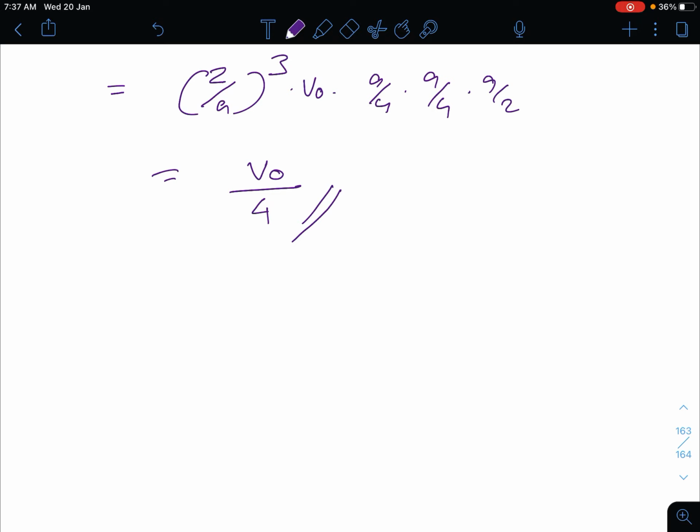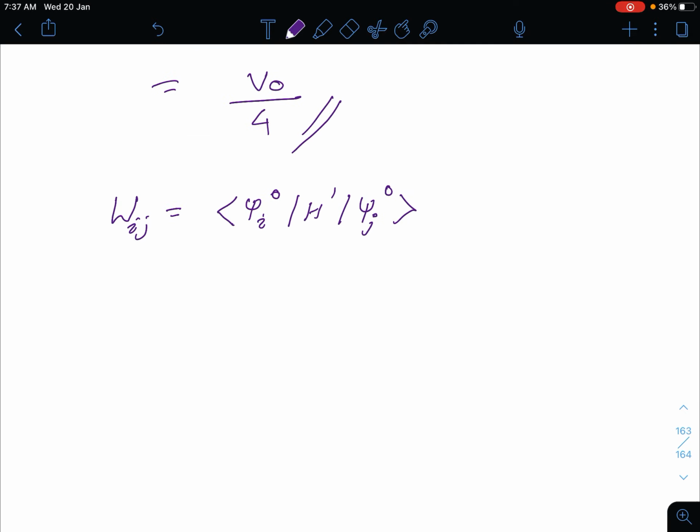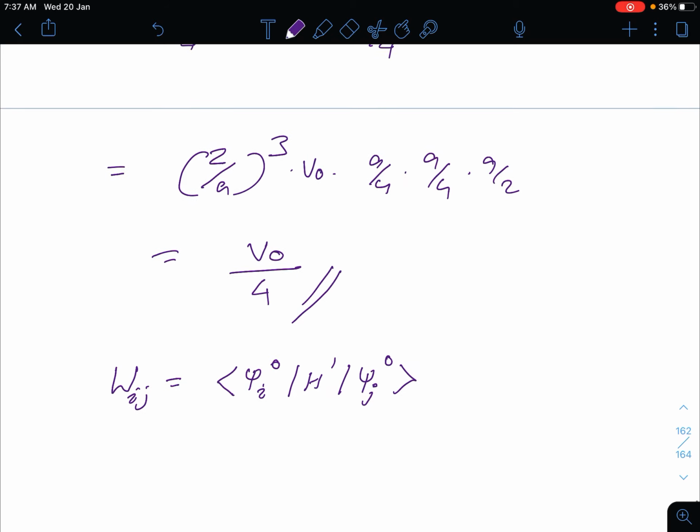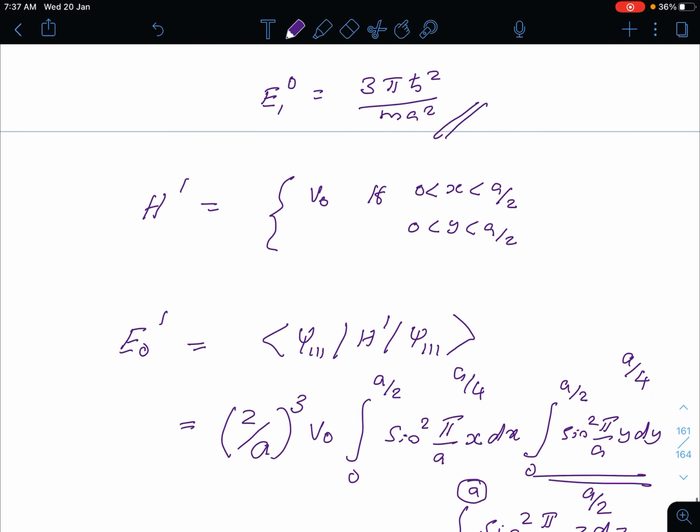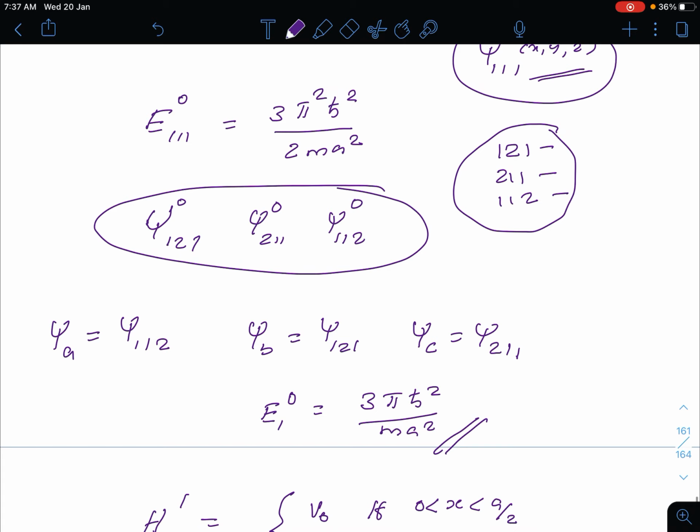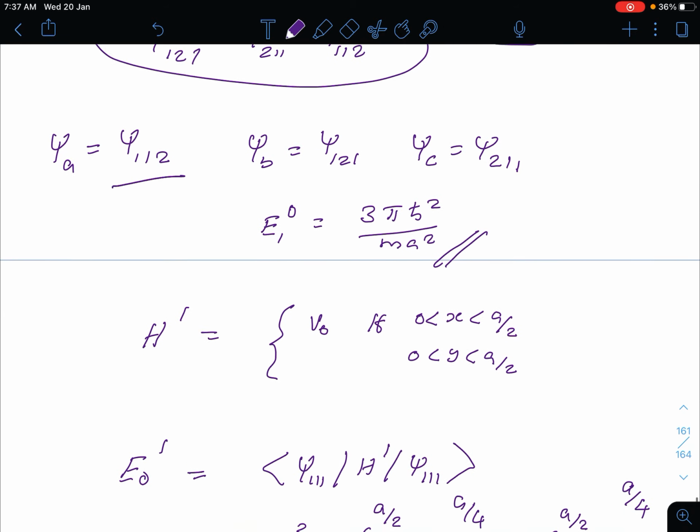When we did degenerate perturbation theory the other day, we know that the matrix element Wij is simply psi i0 H dash psi j0. These are unperturbed states. So A means, here we have defined A as 112. Okay.